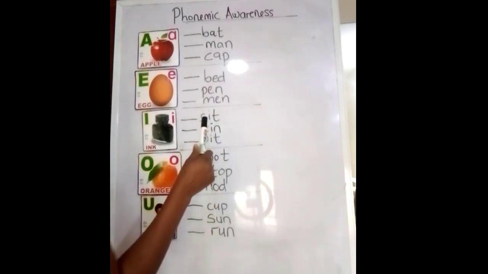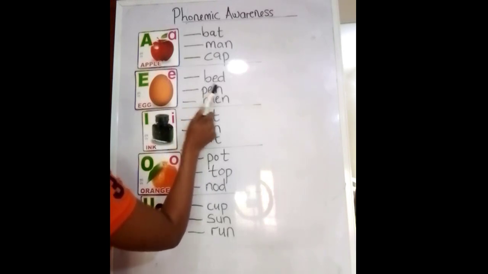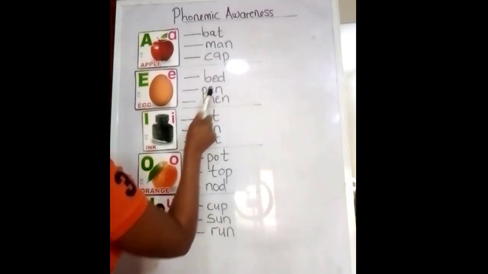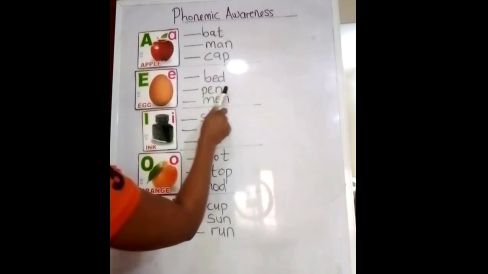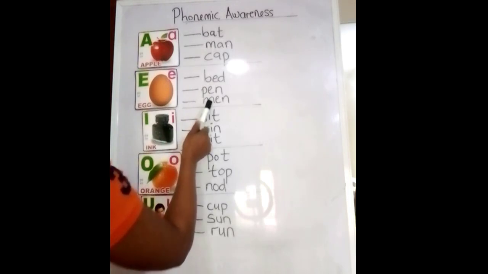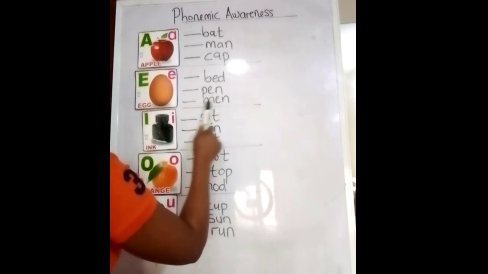And then the next example, letter P again, E, N, we have letter N again. So you have pen. So the last example in this category is men. You have M, E, N, men.